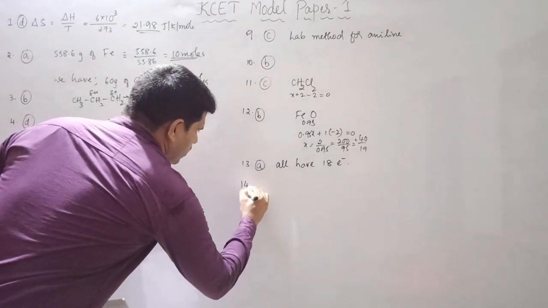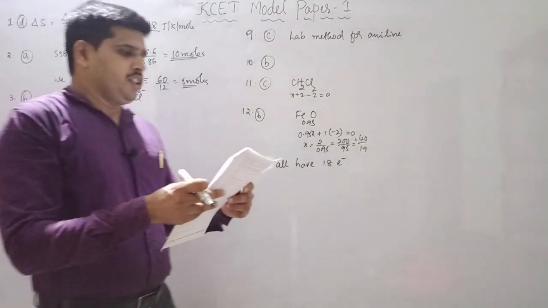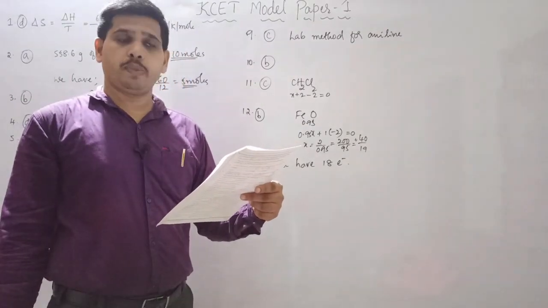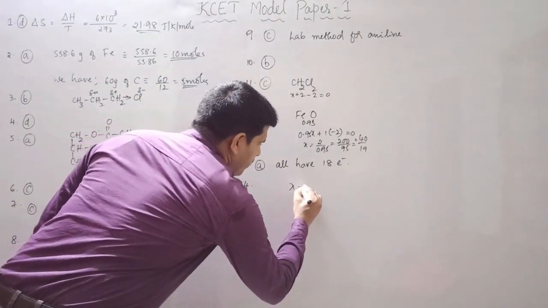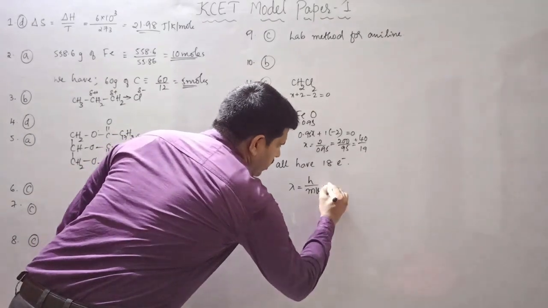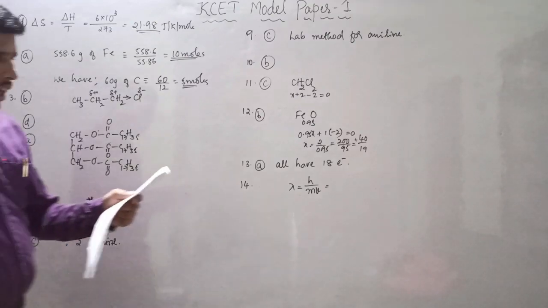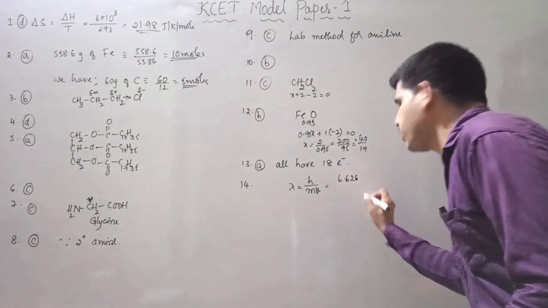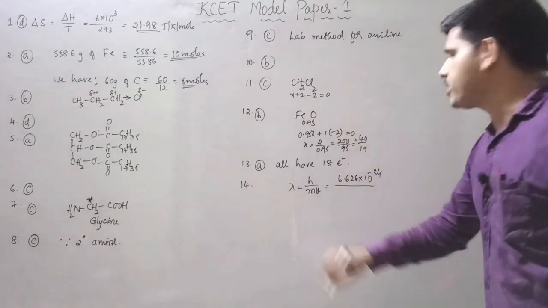Yes. Next, 14th one. The de Broglie wavelength of a tennis ball of mass 60 gram moving with a velocity of 10 meters per second is approximately. So de Broglie wavelength is asked. We have a formula for that. Lambda equals h divided by m into v. Hope you can substitute now. So you can substitute for h, which is a constant, 6.626 into 10 to the power of minus 34, divided by the mass.